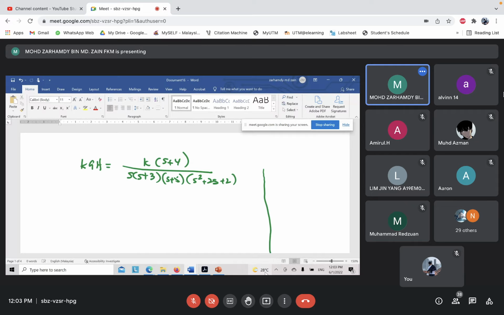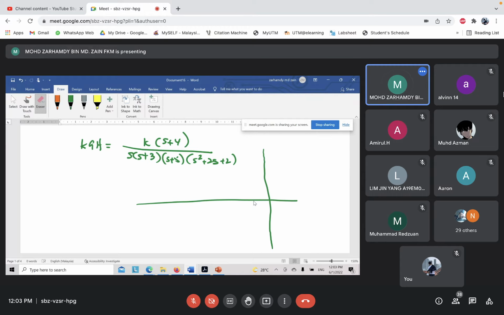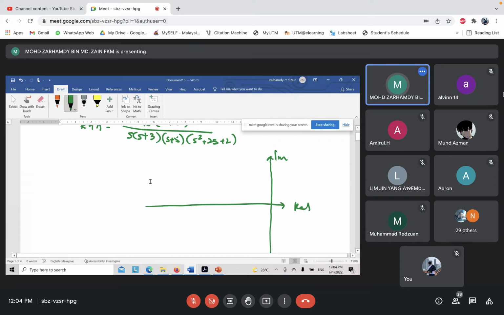So now we concentrate on the S plane. This is the real axis, imaginary axis.